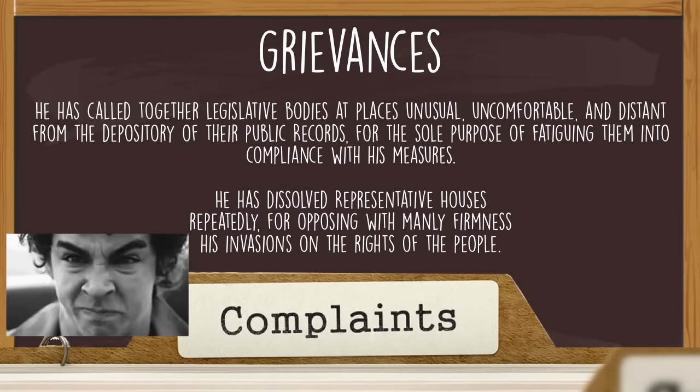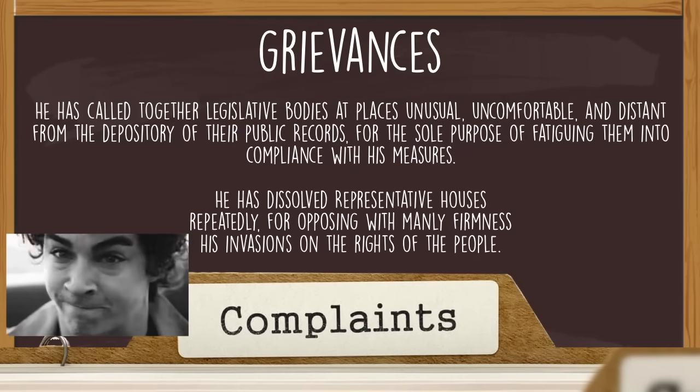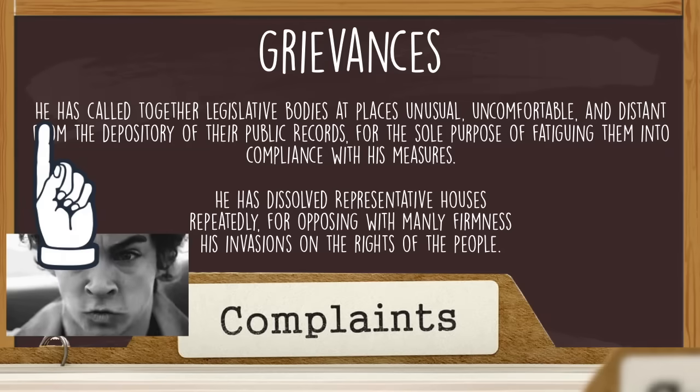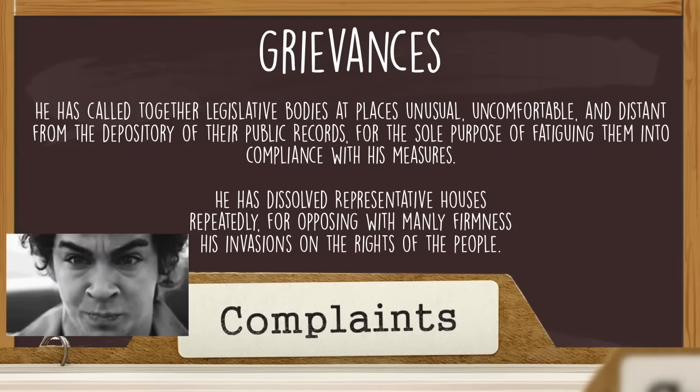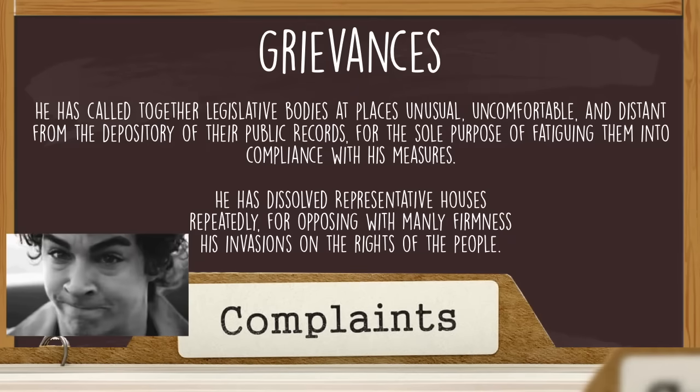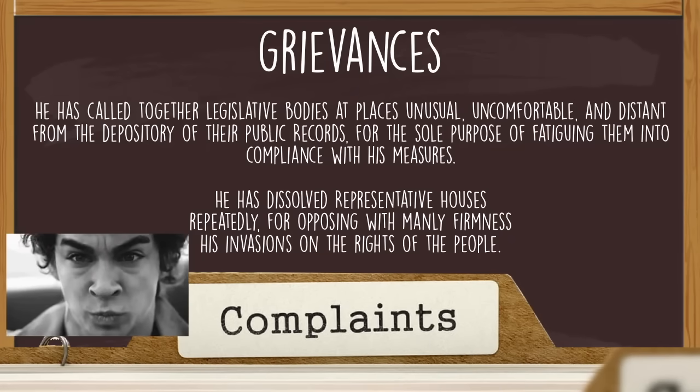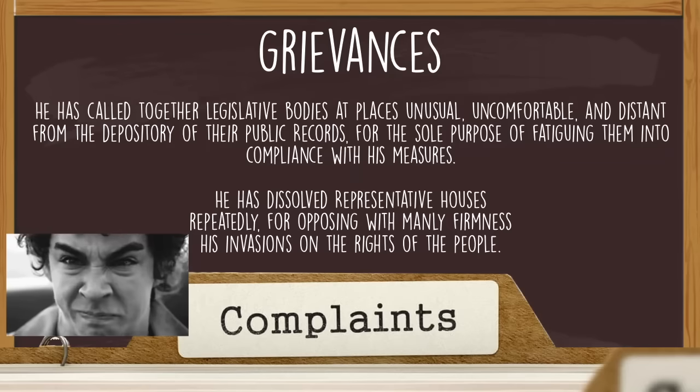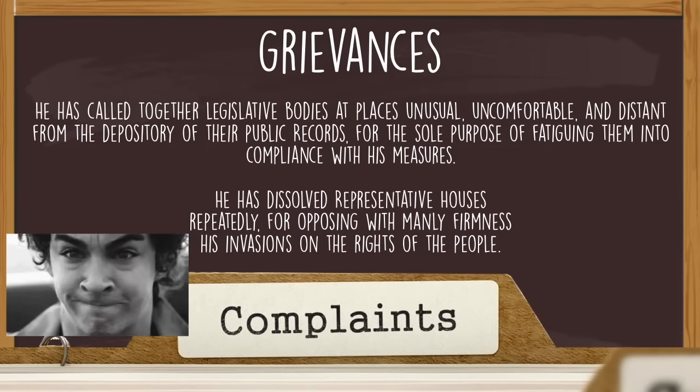All we really need to know is, yes, this is a complaint, "he" is King George III, and the people are complaining about something that the king is doing in the colonies, in this case, making the legislative bodies, the lawmakers of the country, uncomfortable by having to do things in places they don't want to do them.